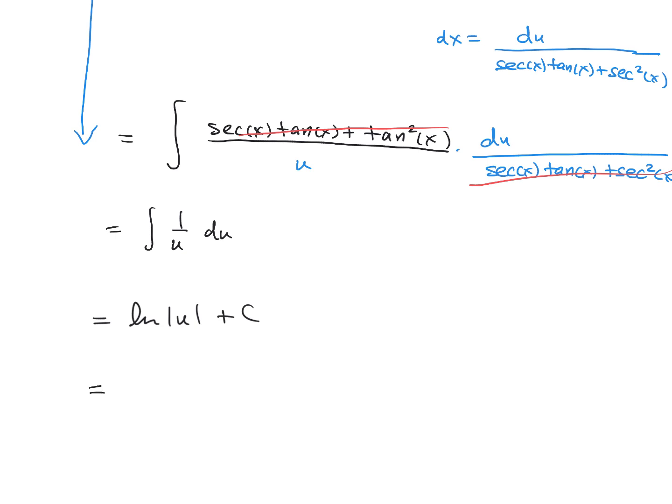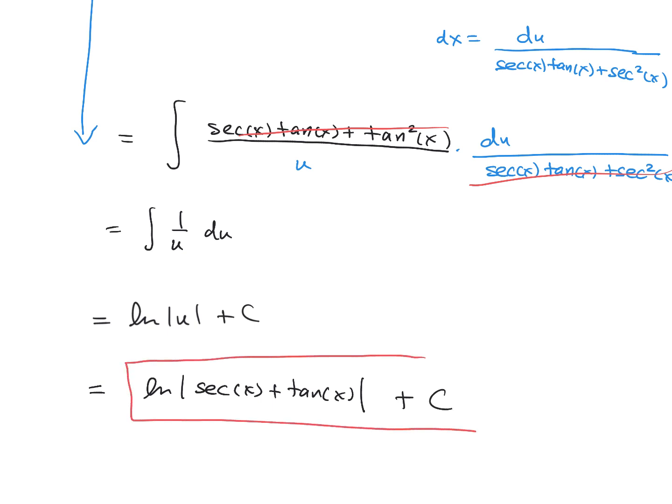So last step, replace that u with the secant of x plus the tangent of x in absolute values plus c. And that right there is the integral of the secant function. And if you wanted to check this, you could just take the derivative and it will simplify completely down to just plain secant of x.